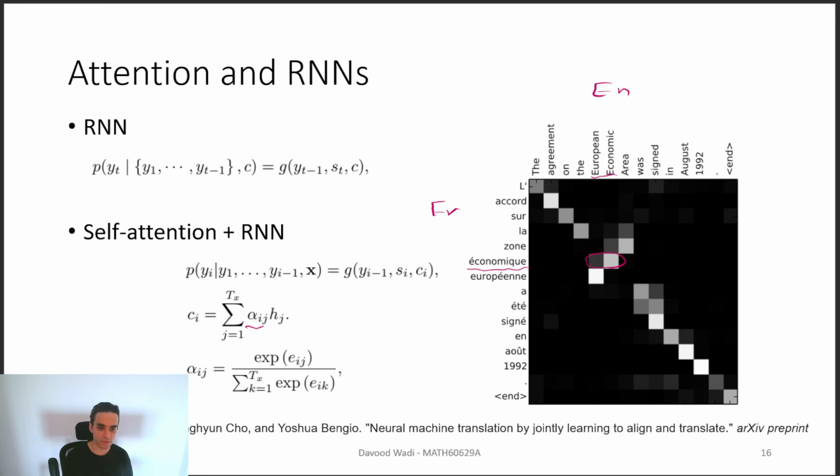Even us as humans, if we want to translate from a language that uses adjectives before nouns, like English, European economic, to a language that does the opposite, creates a noun and then the adjective, we have to pay attention to both words. So that shows the intuition behind attention layers: which word it should focus on to predict the next word.